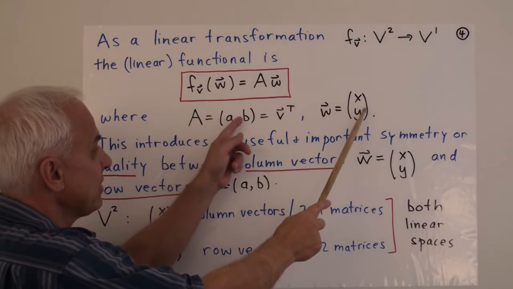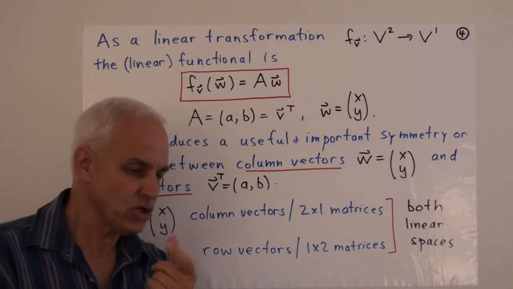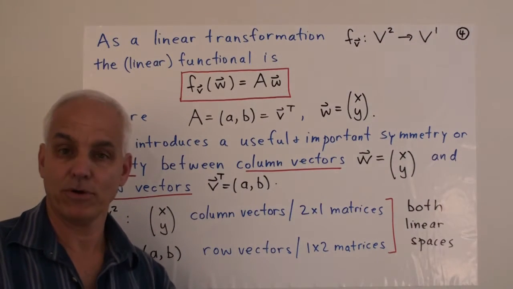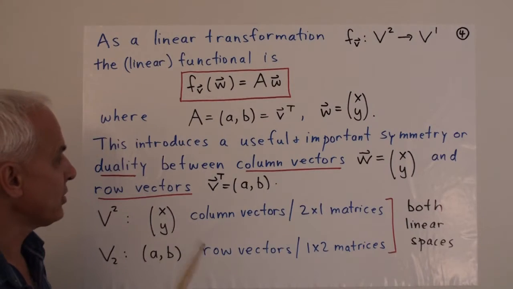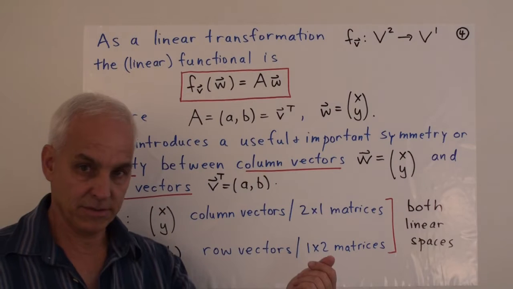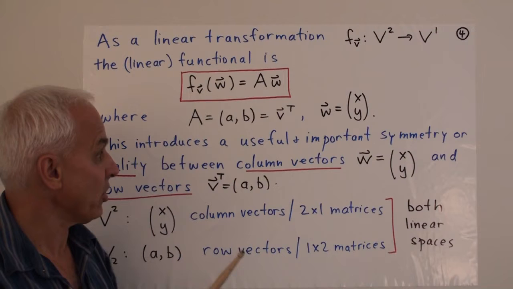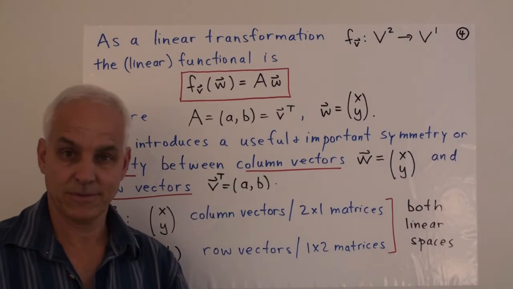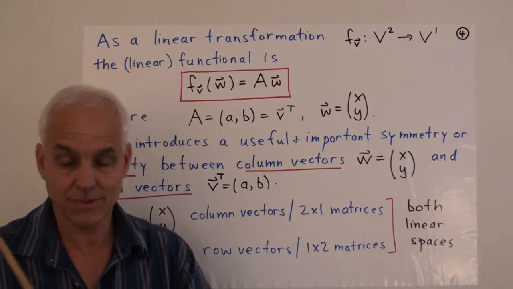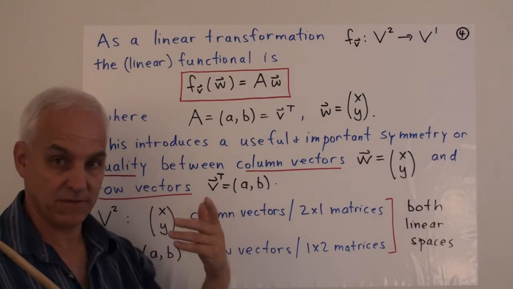Well, we get ax plus by. Technically, we get a one-by-one matrix, but we generally drop the brackets, giving us just a number. So the thing to recognize here is that these linear functionals that correspond to vectors v have matrices associated to them which are just row vectors, thought of as 1-by-2 matrices. And these matrices are just the transposes of the vectors v that we're starting with.